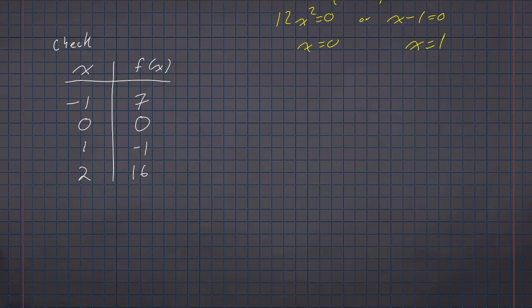From here, very simply, we go back and look for the biggest and smallest. The smallest value occurs when x is 1, f of x is -1. The largest value, f of x is 16 when x is 2. And the absolute extrema must be those two values.